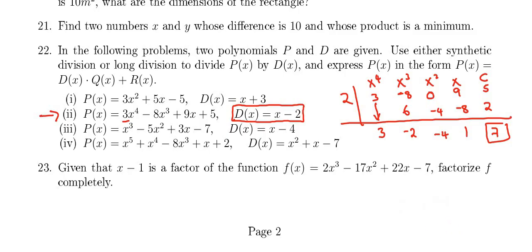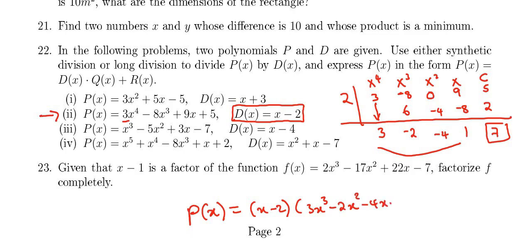The numbers you see down here give you your quotient. So P of x is equal to, the divisor was x minus 2, times our quotient, which is 3x to the power 3 and so on. Because the polynomial is to the power 4, the quotient will be 1 degree less.